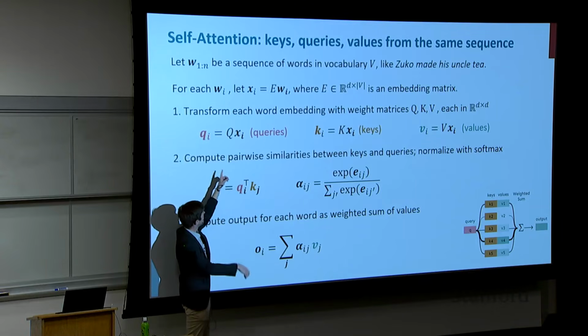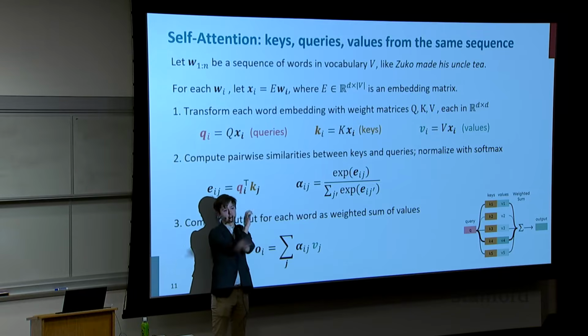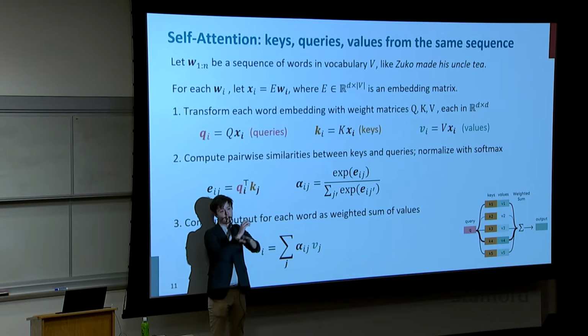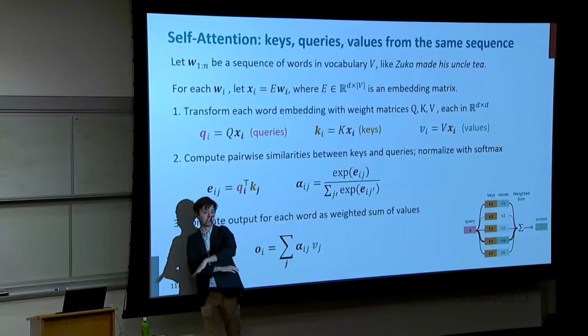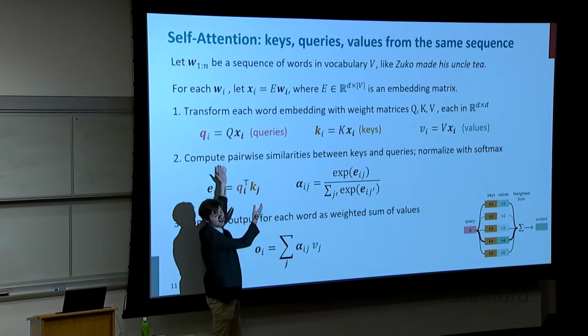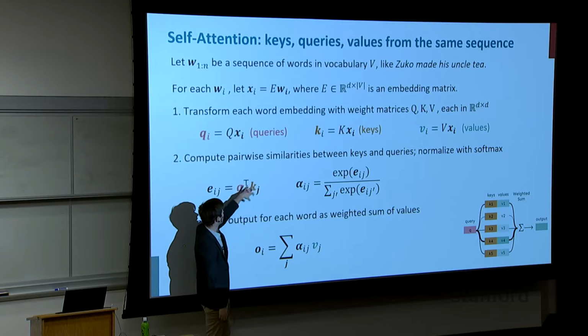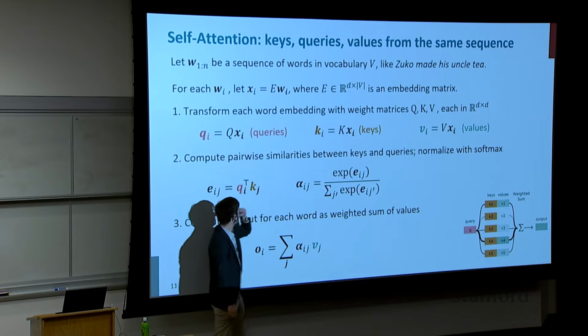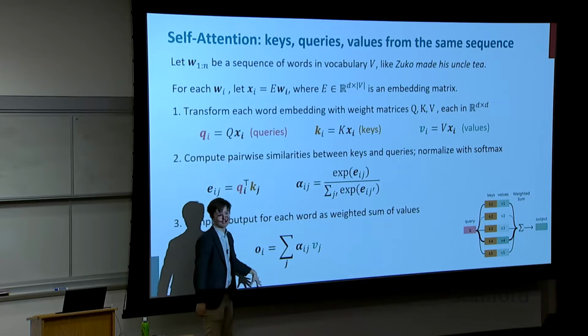But it could be that Q times xi and K times xi might be arbitrarily different from each other, because Q could be the identity and K could map you to the negative of yourself, for example, so that you don't look at yourself. So this is all learned in practice. It can decide by learning whether you should be looking at yourself or not. And that's some of the flexibility that parameterizing it as Q and K gives you that wouldn't be there if I just used xi everywhere in this equation.